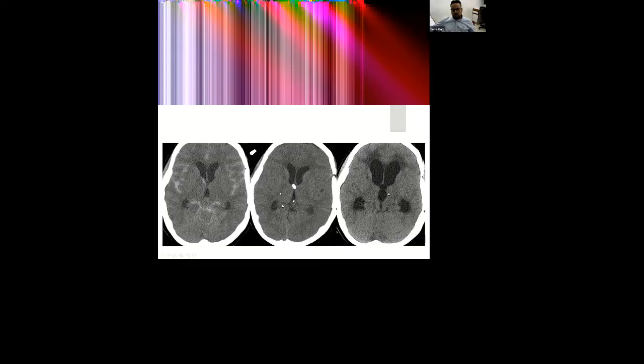A few months later, in figure C, the patient presented with complaints of headache, and in this image, you can see that again there is development of dilatation of the ventricles with associated periventricular hypodensity, suggesting acute hydrocephalus.